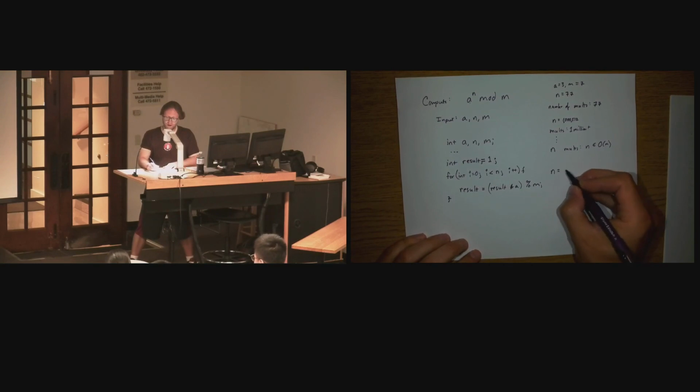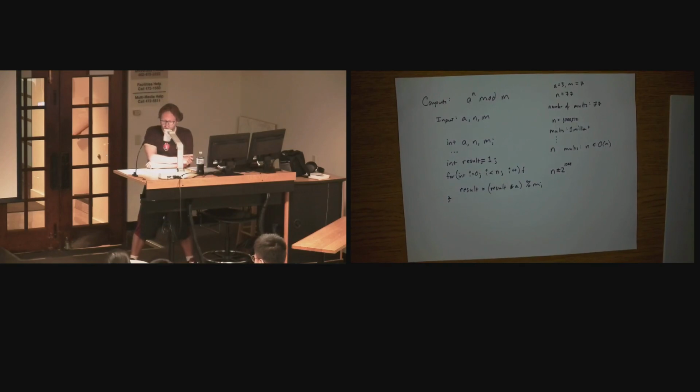Suppose that I said that n was a large number, 2 to the 1024. About. That's kind of a large number, but is it really? How many bits are required to represent that n? Hint, 1024 bits.